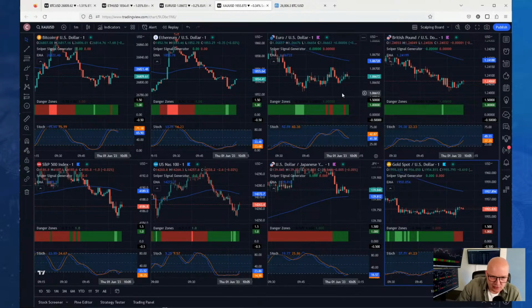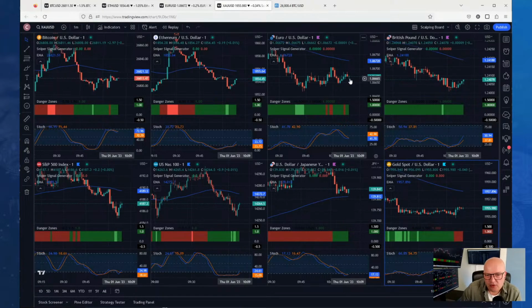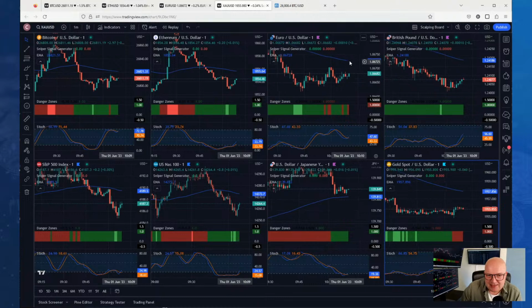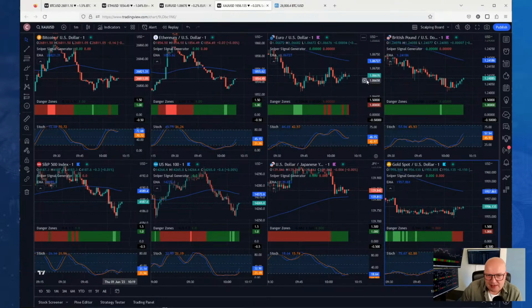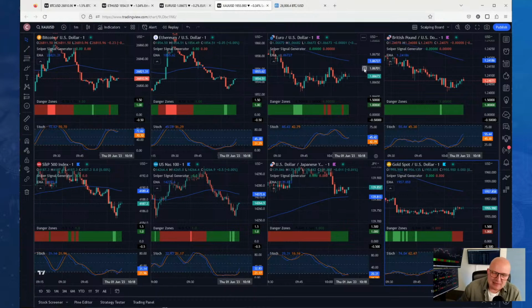For Forex, it's a bit of a different story. If we look here at euro US dollar, for example, the problem is that because we are on such low time frames, the candles are actually not showing a lot of volatility. So if we had gotten a long signal here, and we wanted to exit at the 100 EMA, we're only talking about 4 or 5 pips plus the spread, probably something I wouldn't take.